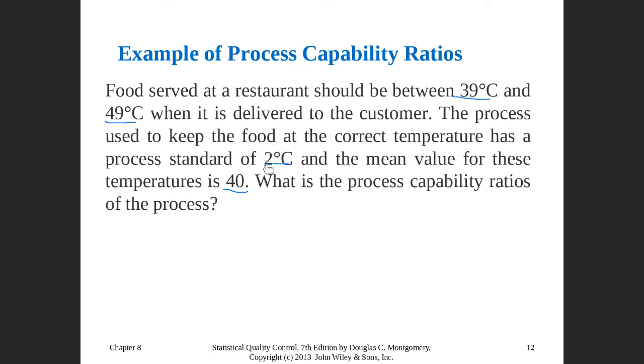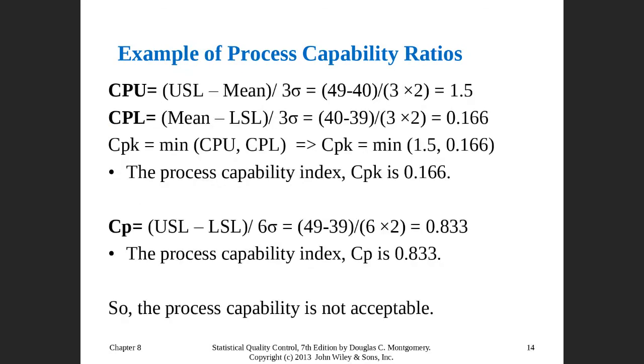The standard deviation times 6 is 12. So you divide 10 by 12, and that will give you the CP. But to calculate the CPK, we need to first calculate the CPK upper and the CPK lower. To do that, we follow the formula as shown here.